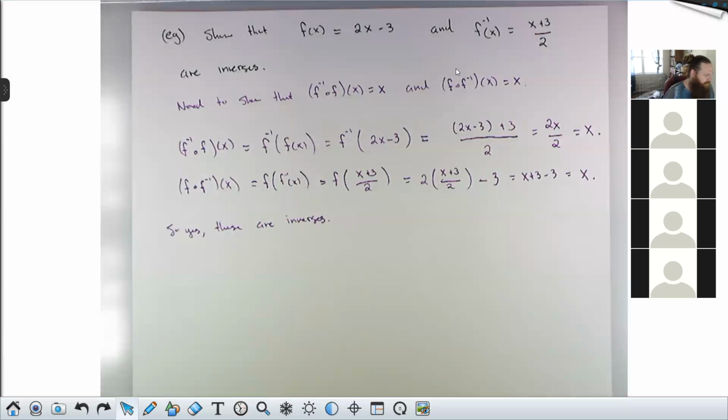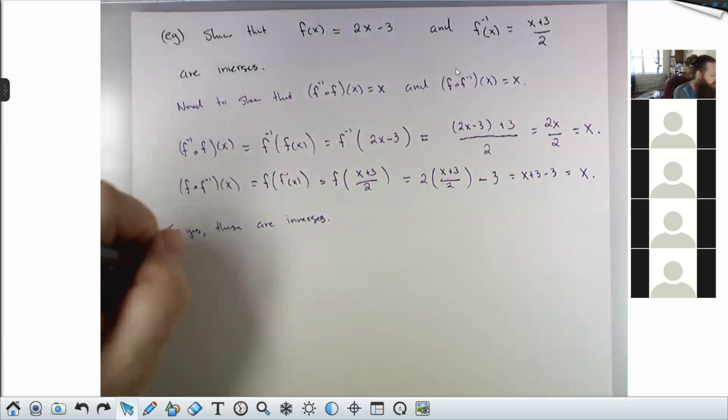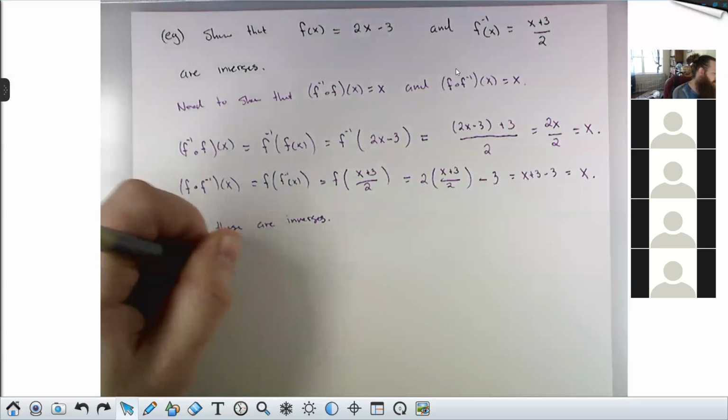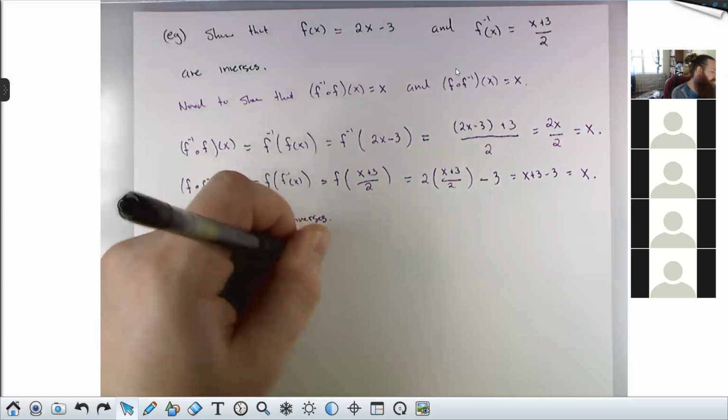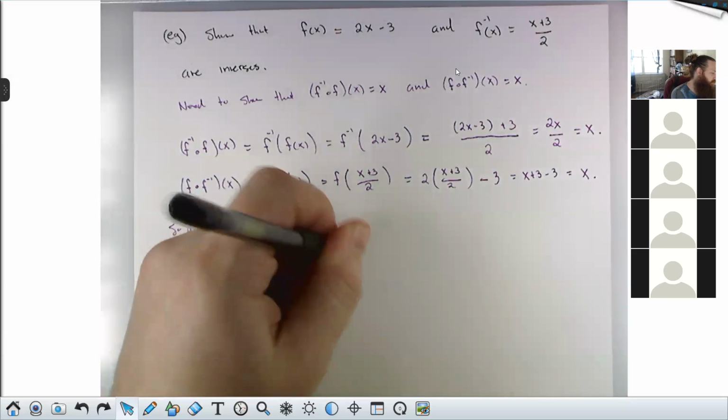And I'll give you a procedure for finding inverses in just a second, but before we do that, remember the only functions that have inverses are one-to-one functions. So we need to know how to tell if a function is one-to-one.